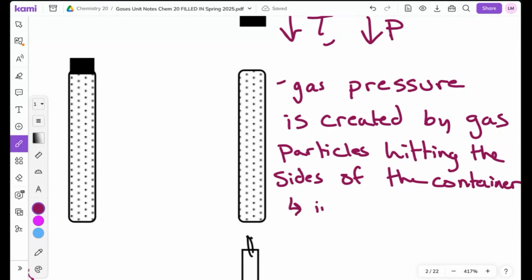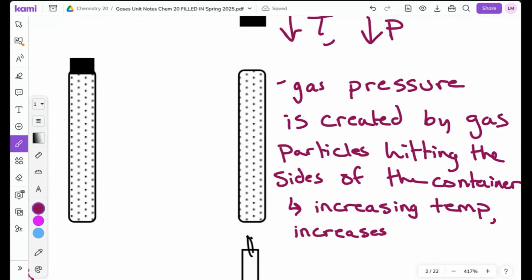Increasing the temperature, which I'm going to abbreviate to temp, increases the kinetic energy of gas particles.